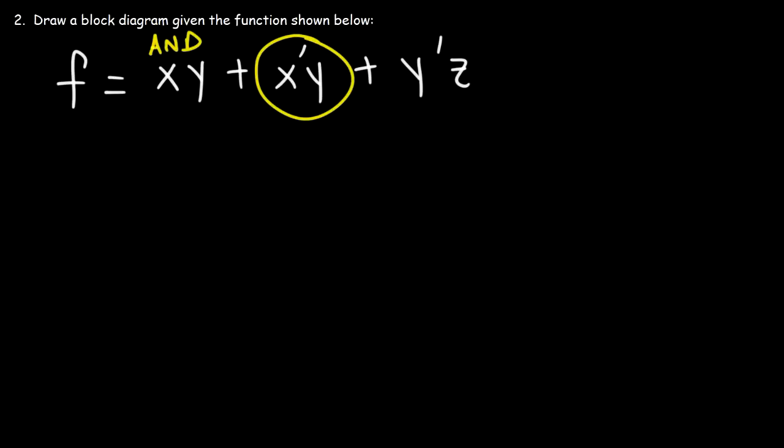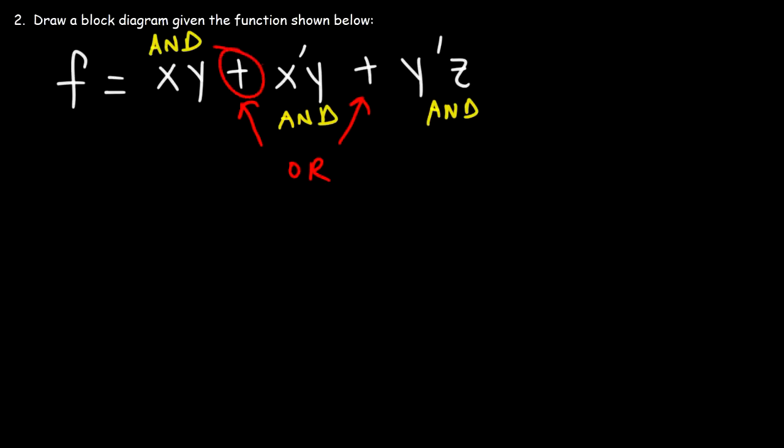Here this is another product term. So we're going to use another AND function to connect x prime with y. And we need another one to connect y prime with z. So we need 3 AND logic gates. Now we could use one OR gate to basically add the 3 AND logic gates together. Because we have the plus symbol or a sum, we need to use an OR gate.